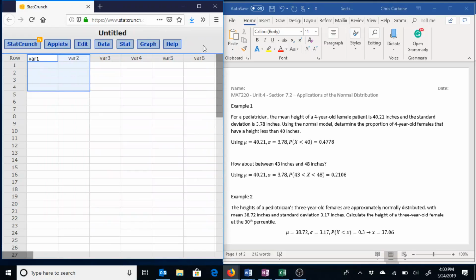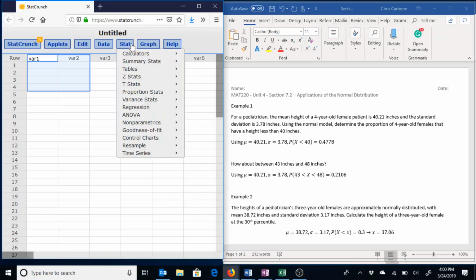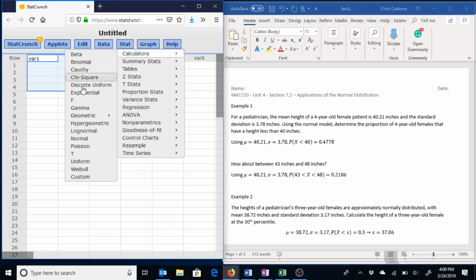With the first example that we did during class from section 7.2, we had a mean of 40.21, standard deviation of 3.78, and we want the proportion of heights less than 40 inches. So for this calculator, we are going to go to Stat, Calculators, and then go all the way down to Normal.